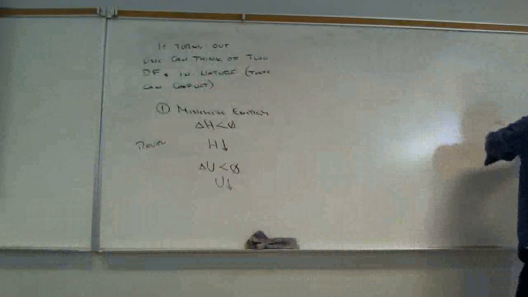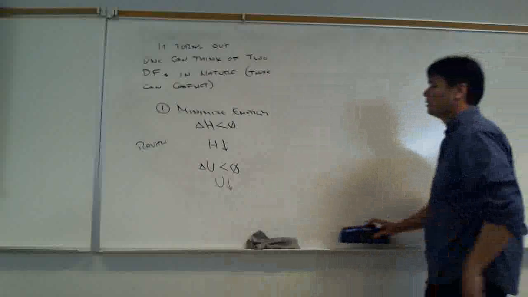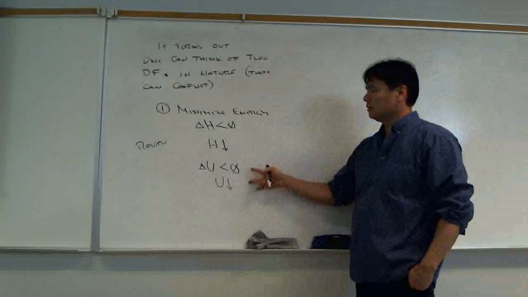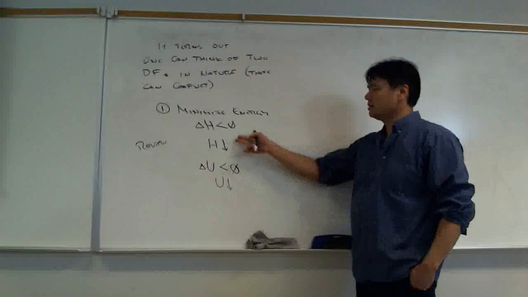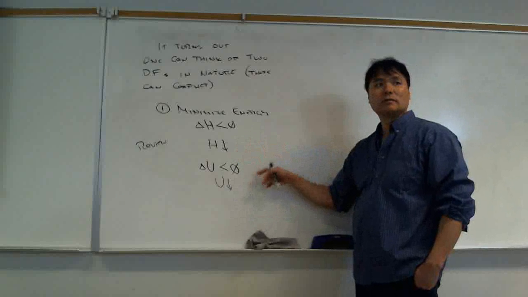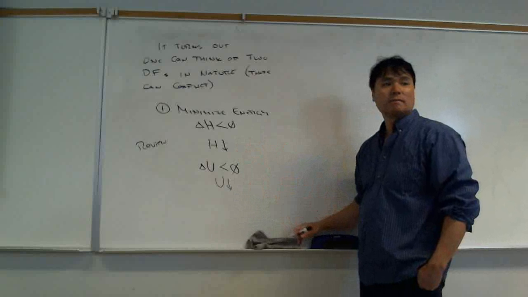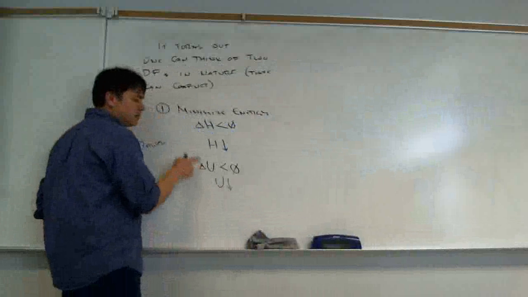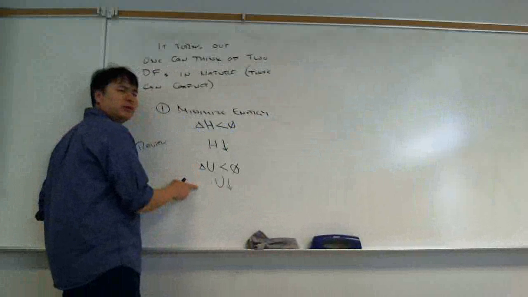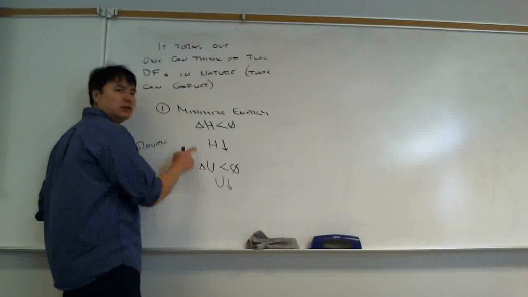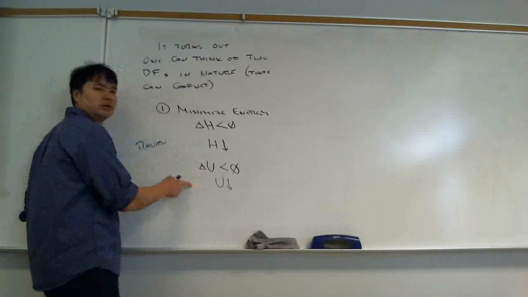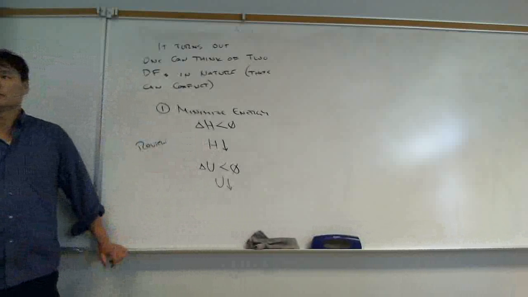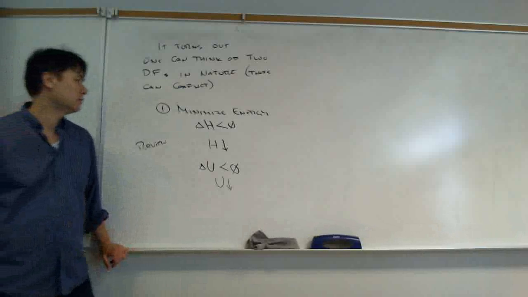We'll talk about it briefly, but if that doesn't click, then make sure you go back. Actually, they're basically saying the same thing. If we want the energy to go down, it's either the enthalpy or the internal energy we want to decrease. Basically the same thing, but one is a little bit more restrictive. Which one is a little bit more restrictive? Internal energy is non-restrictive. No restrictions on that. And so it is actually the enthalpy that's a little bit more restrictive. We'll talk about that.